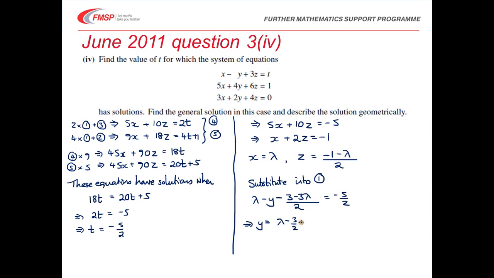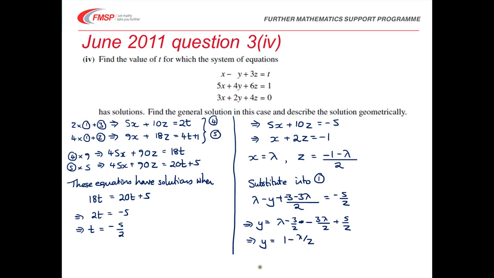I'm going to make sure my minuses are clear there, minus 3 lambda over 2 plus 5 over 2, so that y is equal to 1 minus lambda over 2.